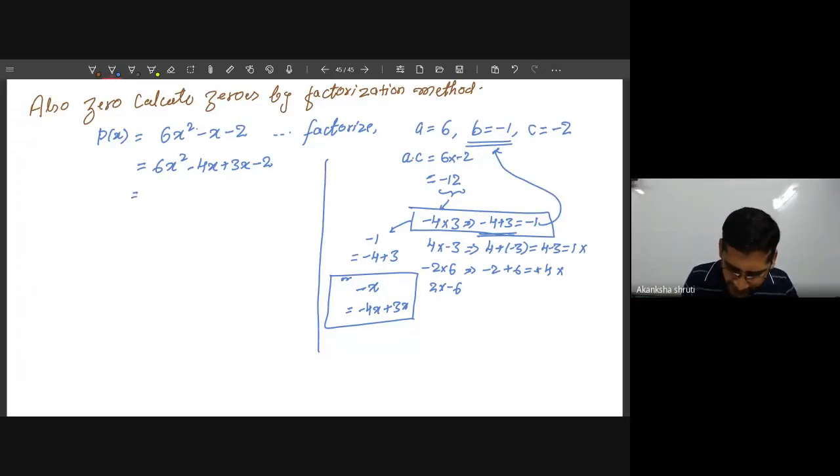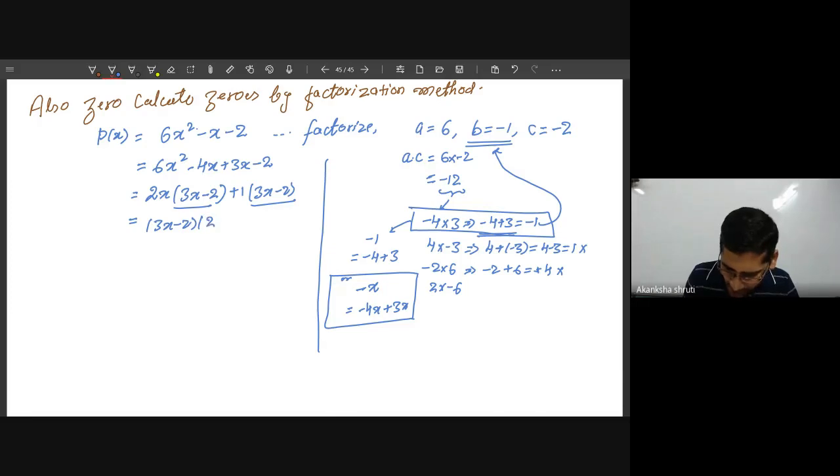So students, now from the first two terms, 2 and x are common. What is left is 3x and minus 4x, taking 2 and x common, what is left will be minus 2 only. And from the next one, nothing is common, which means 1 can be taken common. It simply means it is 3x minus 2. After that, whatever this bracket is the same, that bracket we take common, 3x minus 2.